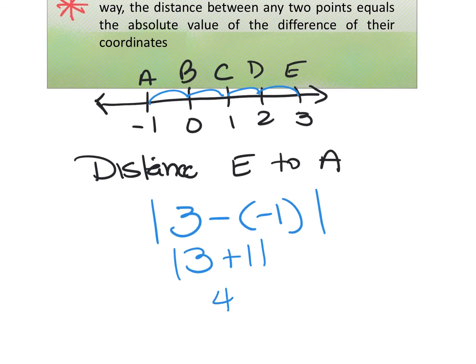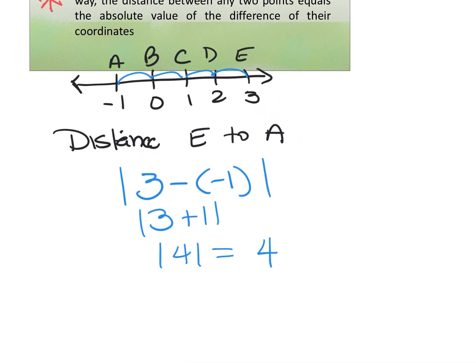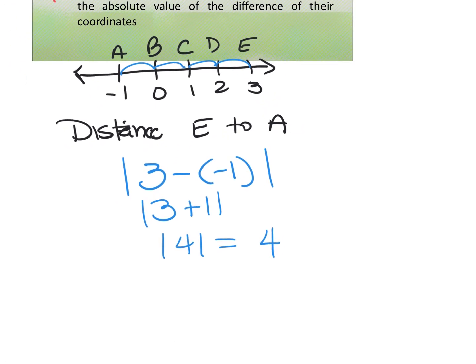And then 3 plus 1 is 4. Absolute value of 4 is 4. Now again, if you did it the other way and did -1 minus 3, you still get the same answer. The distance will always be positive. Distance is never negative.